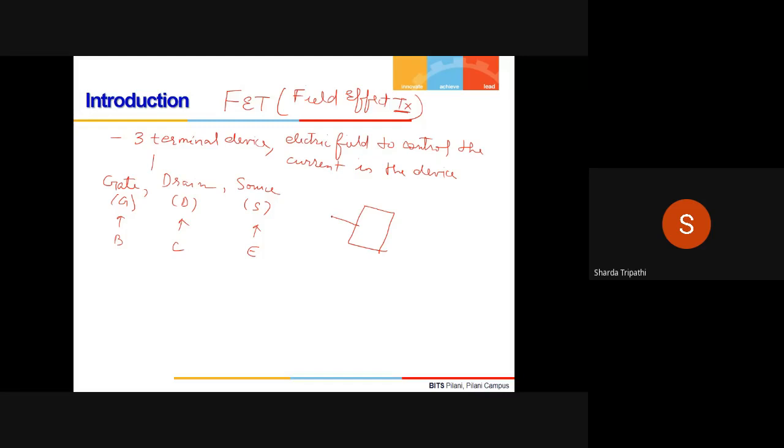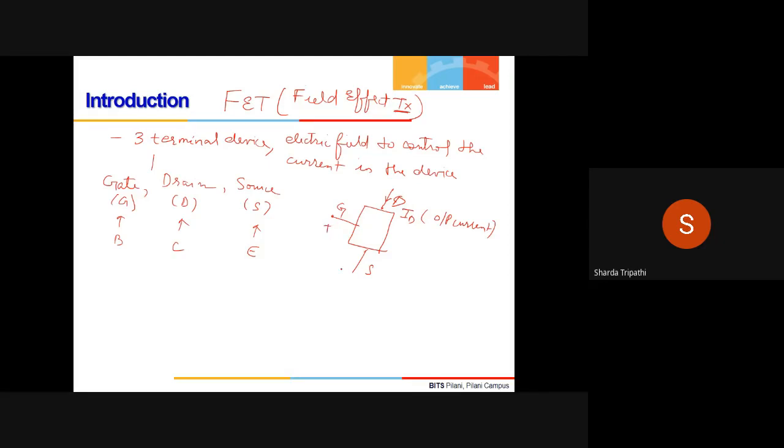So here you have the gate terminal, and here you have the drain terminal, and here you have the source terminal. So some figure of this sort you are going to see when we are discussing the FETs. And the current in this case flows from drain to the source. We call this the drain current, and this is also the output current of the FET.